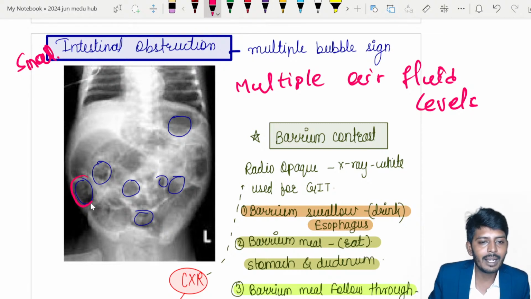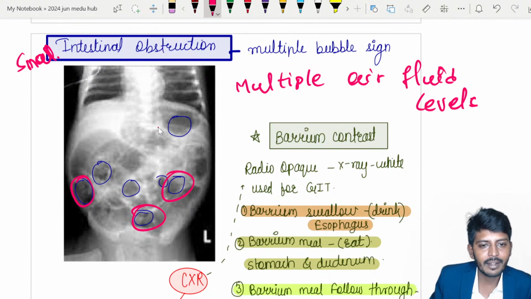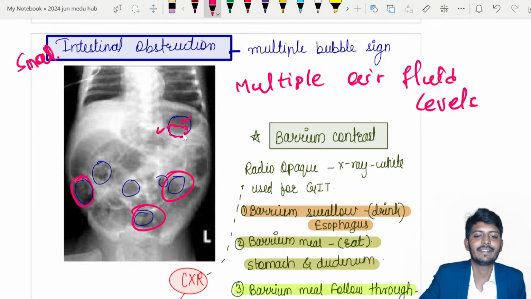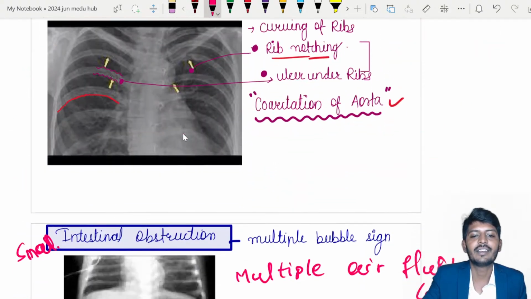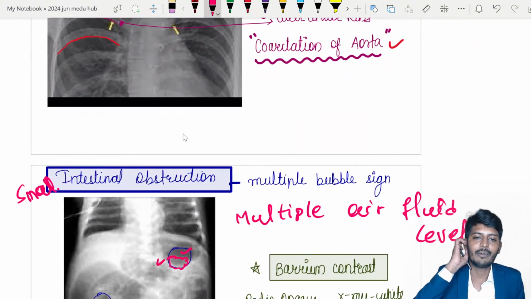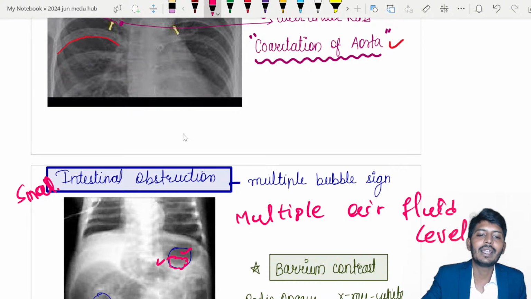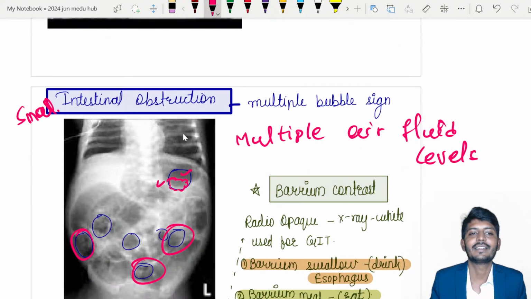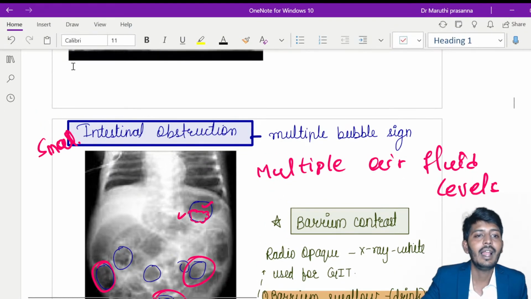You will notice multiple areas with bubble formation. If you zoom in and consider this bubble, a small amount of fluid is present here, and the dark area is suggestive of air. So air and fluid in multiple areas is suggestive of multiple air fluid levels, a very important condition: small intestinal obstruction.